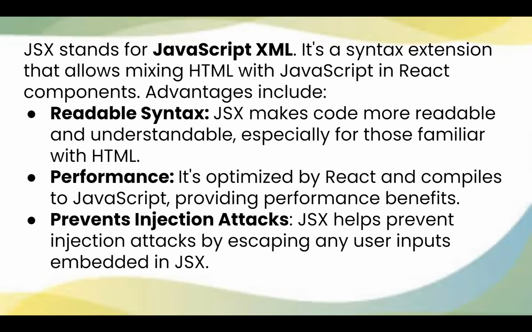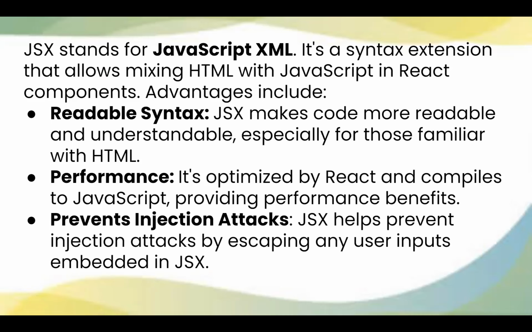So if we just want to summarize this answer for better readability and understanding, what we can say is it is JavaScript XML. So what is JavaScript XML? It lets us write HTML into our JavaScript code in React. So what are the benefits of it? Since we are coding in JSX and React, it makes the code highly readable and easy to understand for those who are very familiar with HTML.